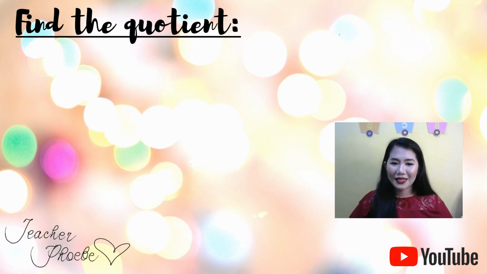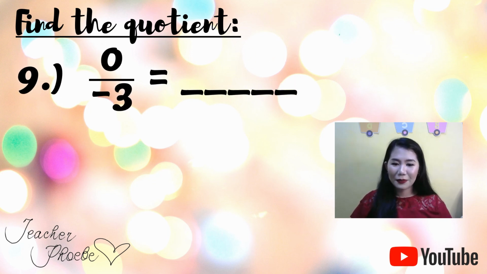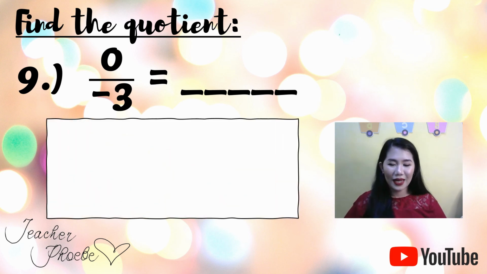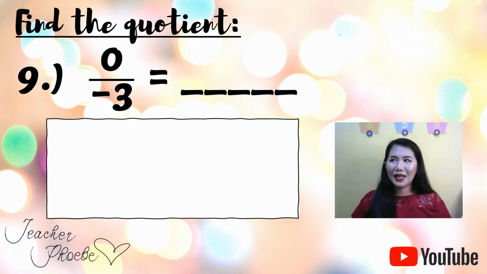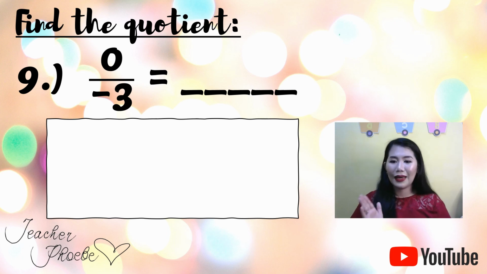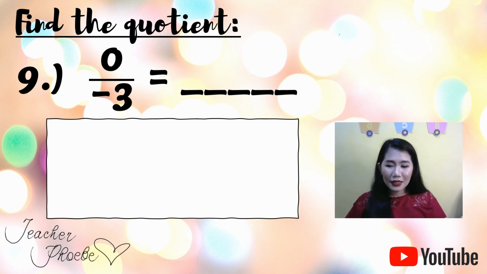Okay, so let us have another example. I have here number 9. 0 divided by negative 3. Okay, so dito, hindi na kinakailangan na i-identify mo yung sign. Why? Kasi kita mo naman na ang nasa numerator mo ay 0.